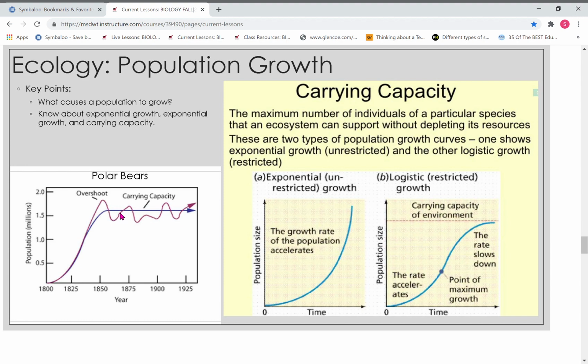And then as it goes up, that's when you're getting more prey for the bears to eat, and so on and so forth. You want to stay at this line or just below, like in this curve here, to be able to maintain your ecosystem properly. You don't want things to die off. You want things to be balanced.